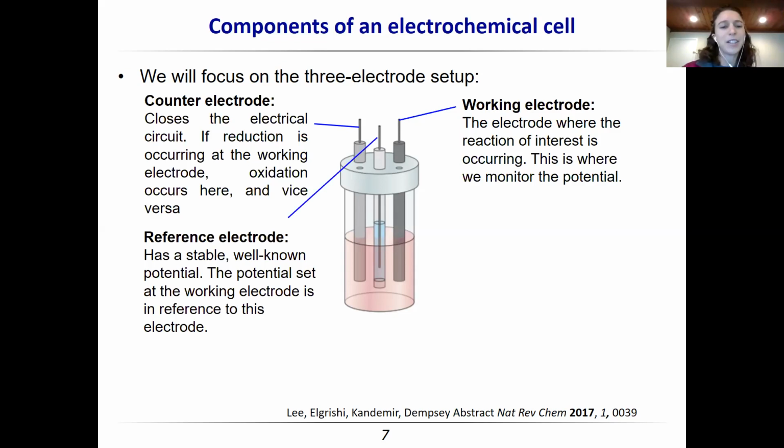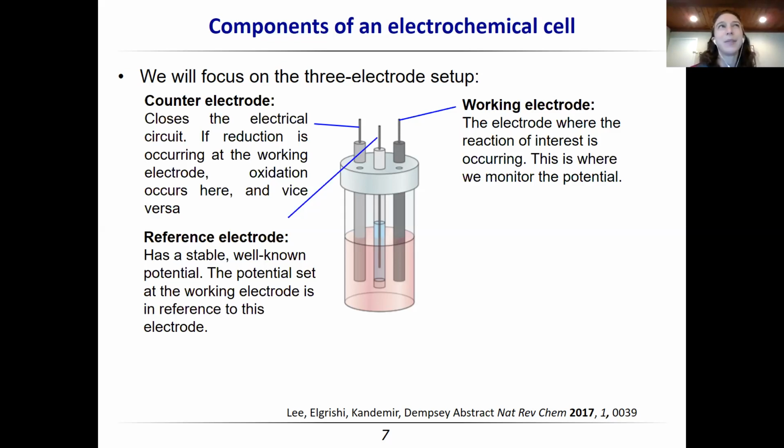The third electrode is optional in terms of making the circuit work, but it's very valuable in terms of knowing the chemistry that you're doing. So anytime you see a potential value or a voltage, it is referenced to something else. And you can use a lot of different electrodes as your reference, but it has to be something that's stable and well known.